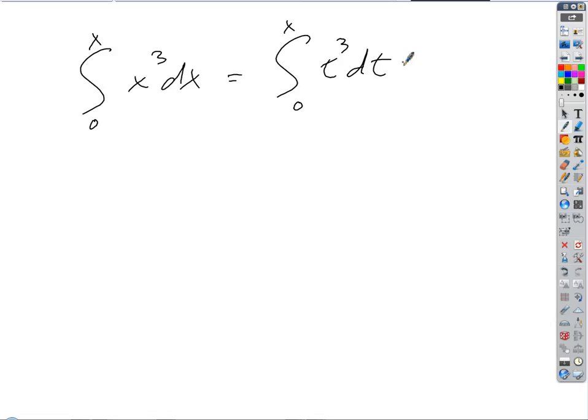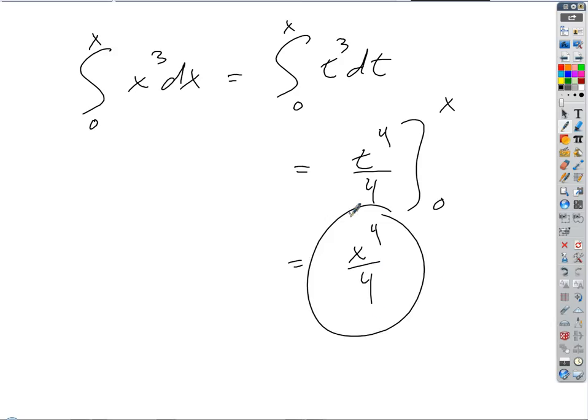It's just there to define the shape of the curve. It works either way. But what's my answer going to be? Aren't I just going to get t to the 4th over 4 evaluated from 0 to x? At 0, that's going to be 0, so I'm just going to get x to the 4th over 4, right?